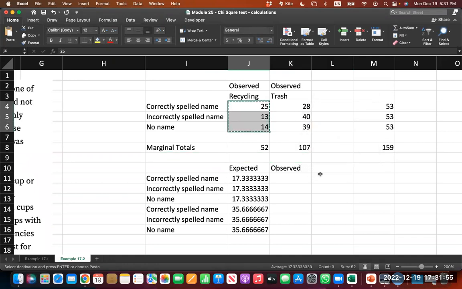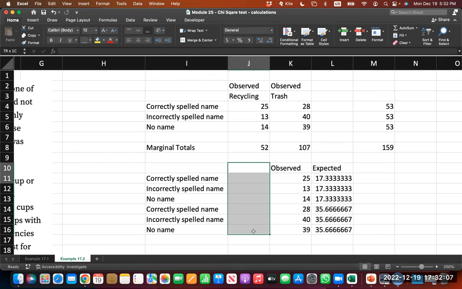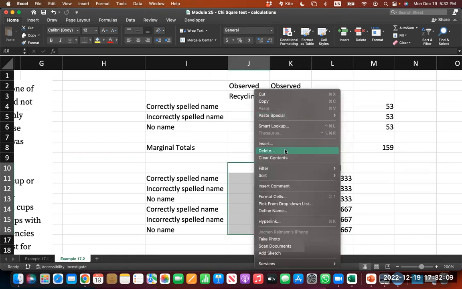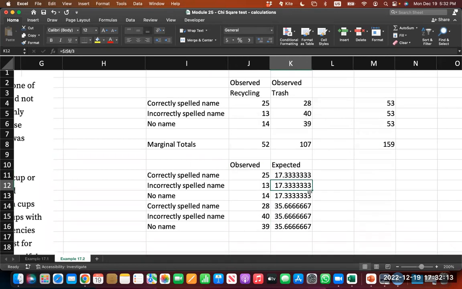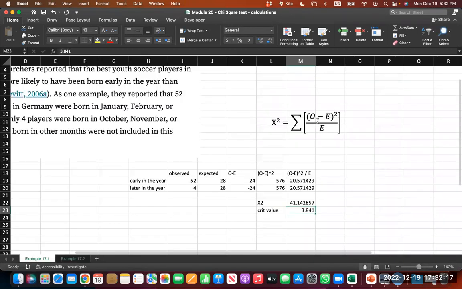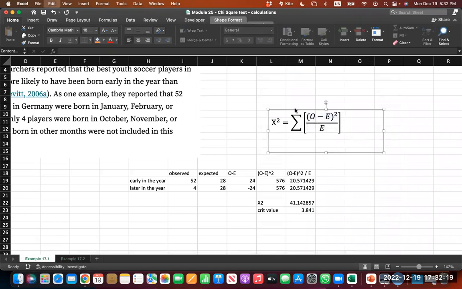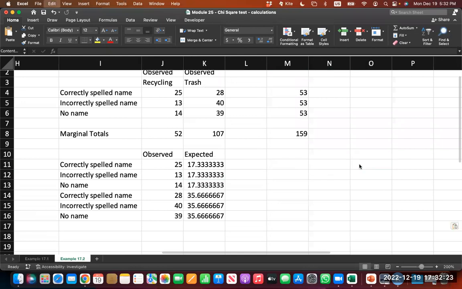You just need to copy this down, and that's your observed versus expected. From that point on, it's the same calculation as we have just done before. Now you want again observed minus expected squared and summed. So it's the same exercise.